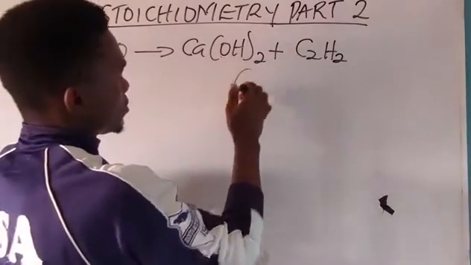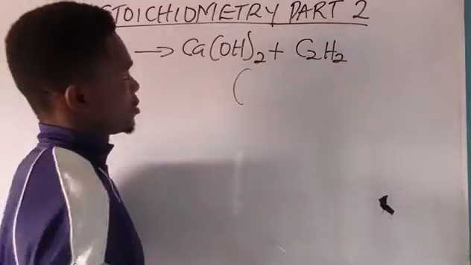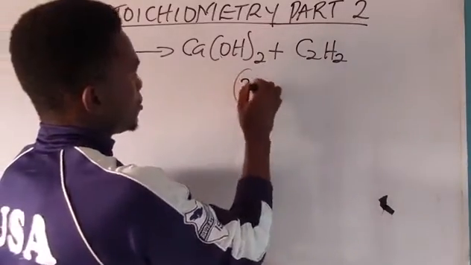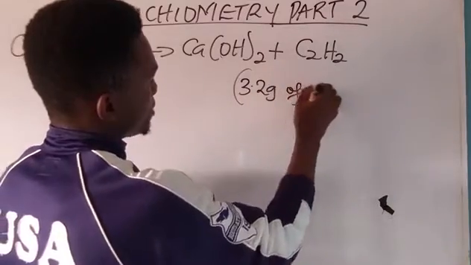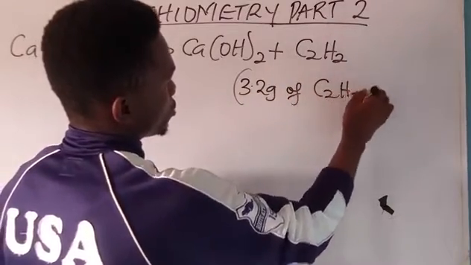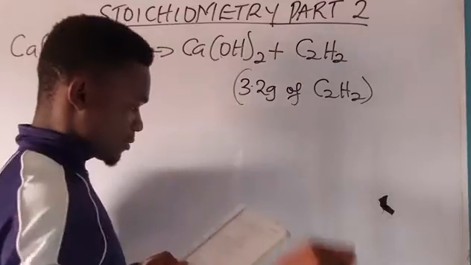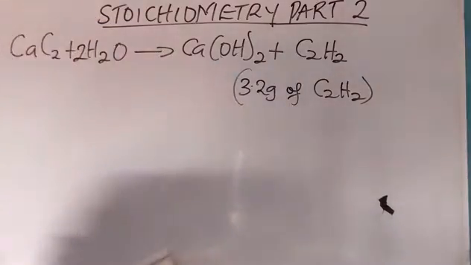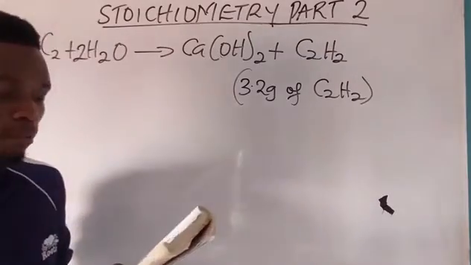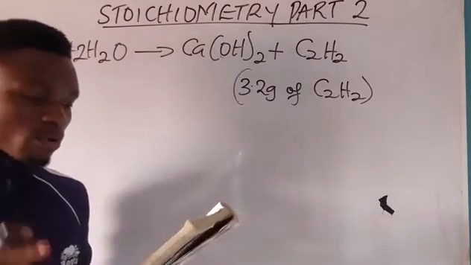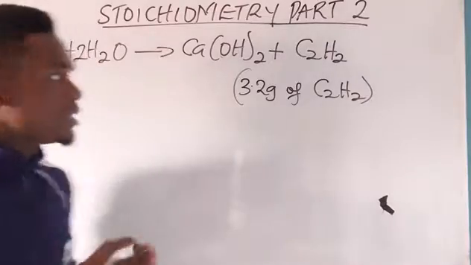The ethyne is C2H2. Then they said calculate the volume of ethyne produced at STP from 3.2 grams of calcium carbide.